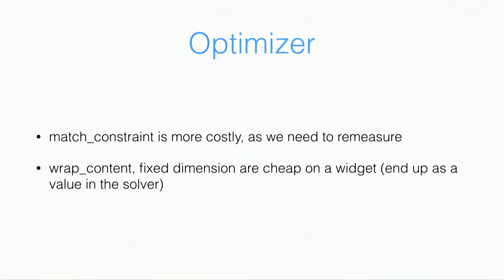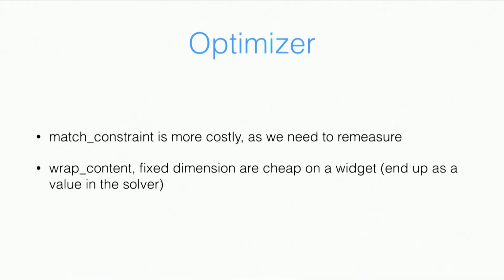But basically, if you're using match constraint, be aware that that particular widget will have to be remeasured a second time, because we first measure it at its minimum size so that we can bootstrap the system. And then we measure it a second time with the final dimension. So if you have a custom widget that is very expensive in its measurement, be aware of that. It's not fully true.